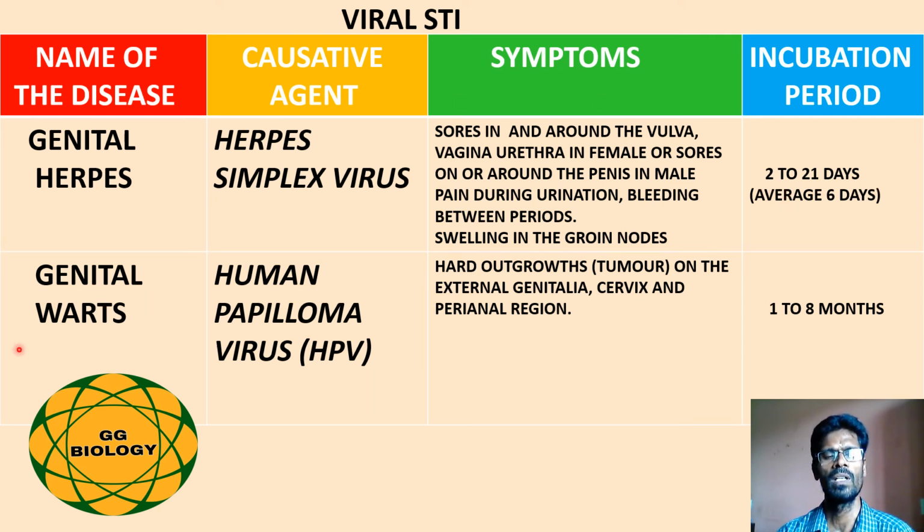Genital warts are the next disease, caused by human papilloma virus. The symptoms of this disease are hard, tumor-like outgrowths on the external genital organs, cervix and perianal region. So even the region around the anus gets the symptoms. The incubation period is 1 to 8 months.